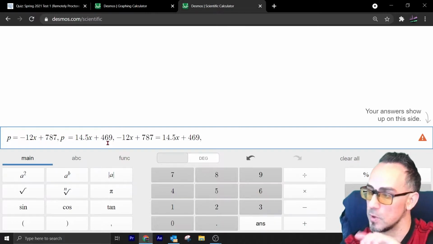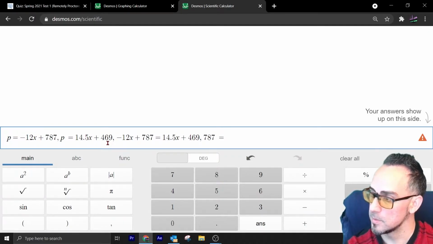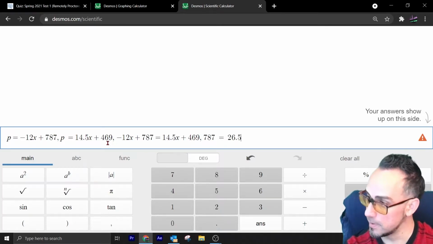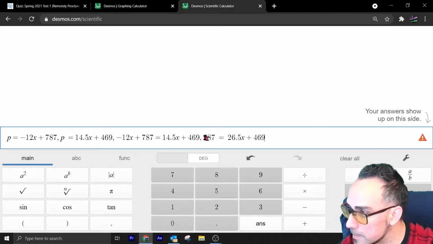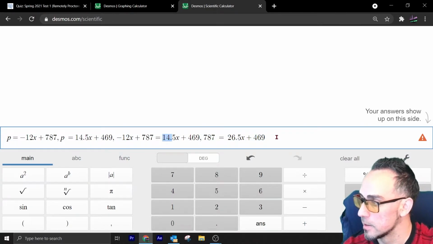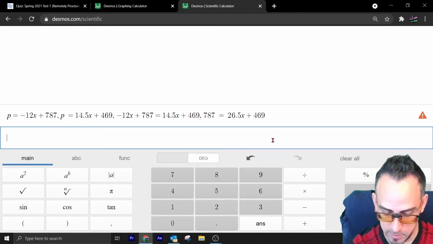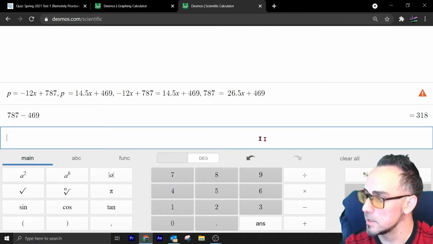So we can add 12x to both sides to get 787 equals 26.5x plus 469. This is our equation right now. Notice that I added 12x to both sides. If I subtract 469, 787 minus 469, I get 318.